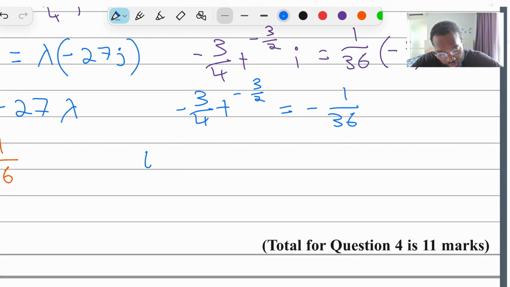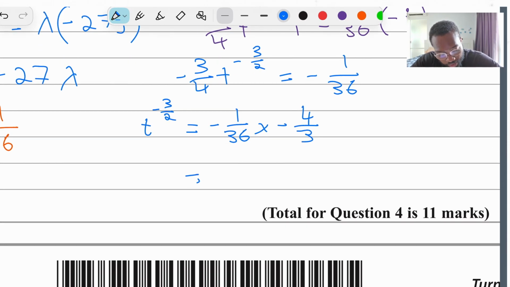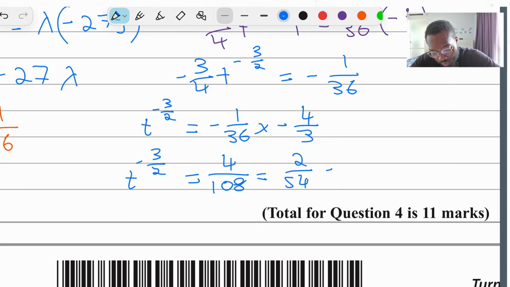Now we can just use that to work out what our t value is. If we times both sides by minus 4 over 3, then t to the minus 3 over 2 is equal to minus 1 over 36 times minus 4 over 3. Therefore, t to the minus 3 over 2 is equal to a positive 4 over 108, which cancels down to 2 over 54, then to 1 over 27.